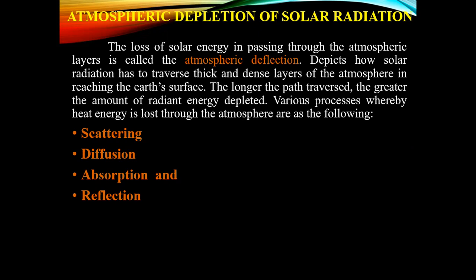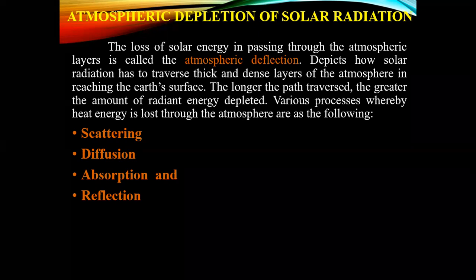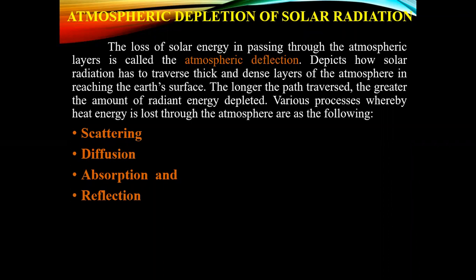The solar rays consist of light and heat waves of different wavelengths. When ultraviolet rays pass through such molecules as have diameters shorter than their wavelengths, the blue and violet color spectrums get scattered.